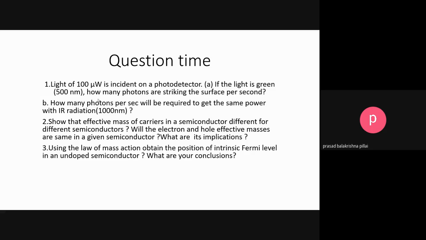Anything? Velocity. What is the use of velocity? So frequency. What is the use of frequency?